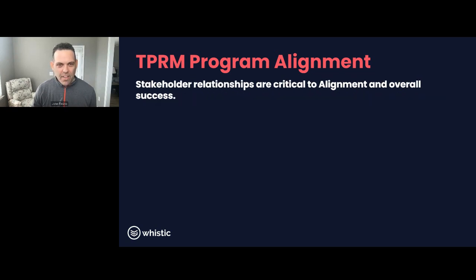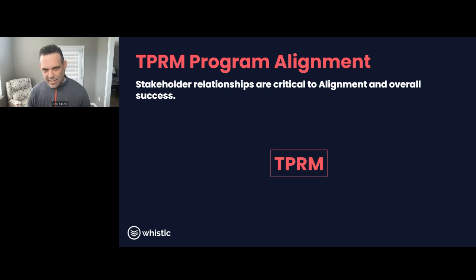So the other thing we wanted to touch on is really focusing on those functional groups, those stakeholder relationships, right? Because I think that's really where a lot of the hard work is going to happen, and have the most ability to move the program forward. We've seen programs stall in this phase where they're just not able to create those relationships and get that alignment with these different groups.